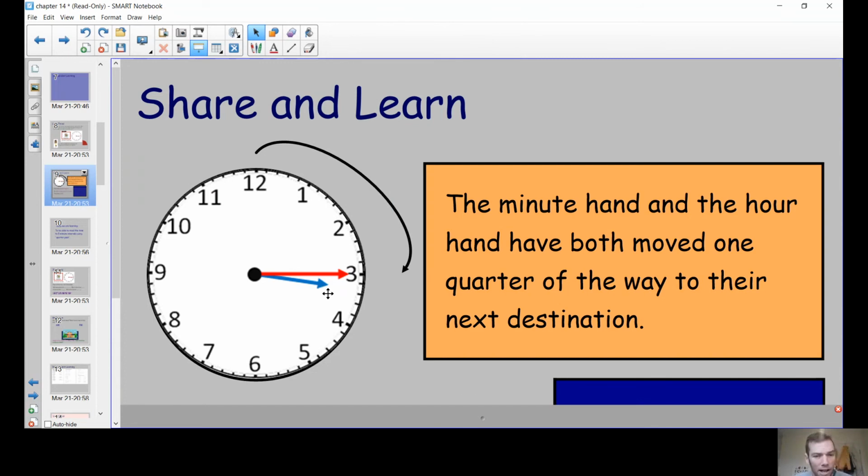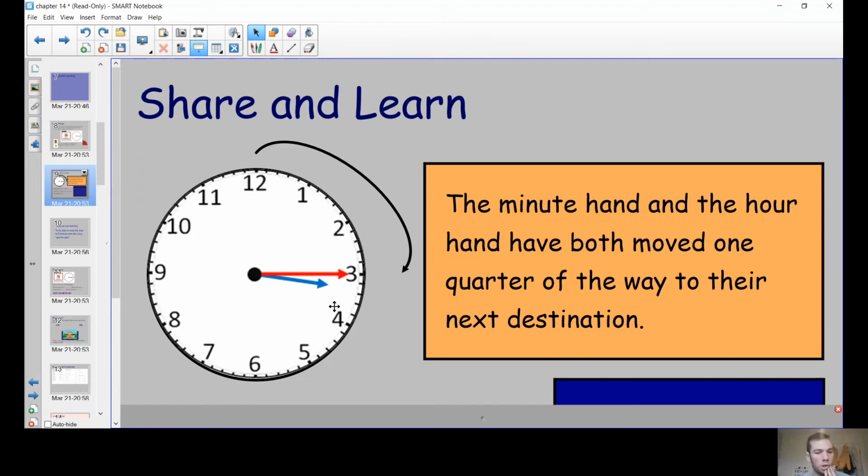If you look at the hour hand again, it has moved 1 quarter of the way to its next destination. So that our hand is going from 3 to 4, and it has moved 1 out of 4 equal parts towards 4. 1, 2, 3, 4.